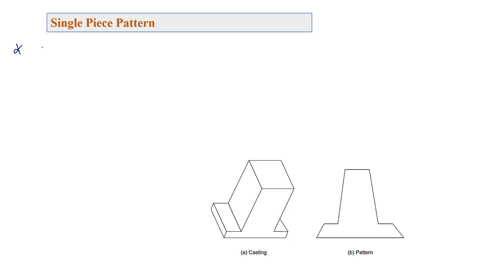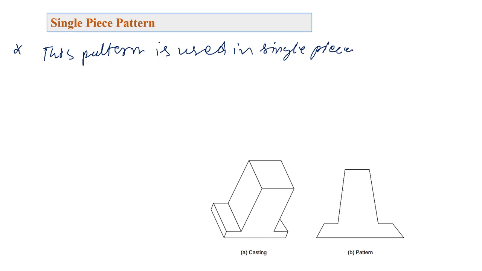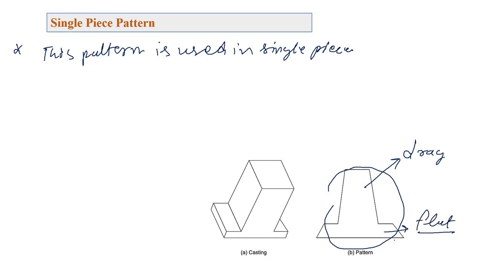This pattern is made in a single piece. Most of this pattern lies in the drag portion, and some part is kept as a flat portion, which acts as the parting plane.